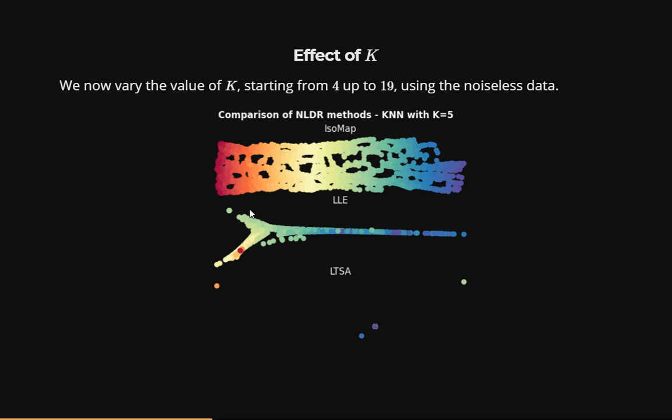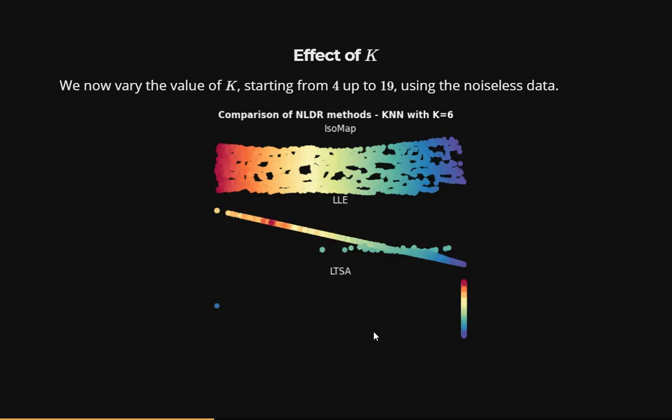LLE at least gets right the last part, so it seems to tell you that it's a linear space, a straight line and not a two-dimensional thing, but more or less, at least the last part of the gradient of the colors is right. LTSA disappeared, probably everything is here, so you cannot even tell the points apart.